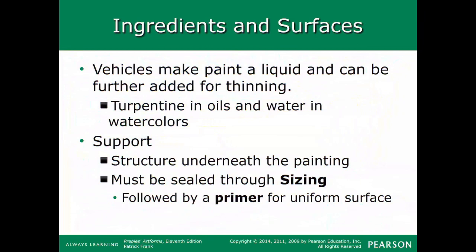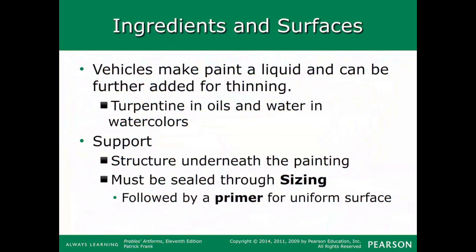When it comes to these types of support, they need to be sealed using a size, or through sizing. What sizing is, basically, is a liquid material that you put over the surface so that it can make a uniform surface and there aren't any holes where the pigment in the paint is just going to fall through.